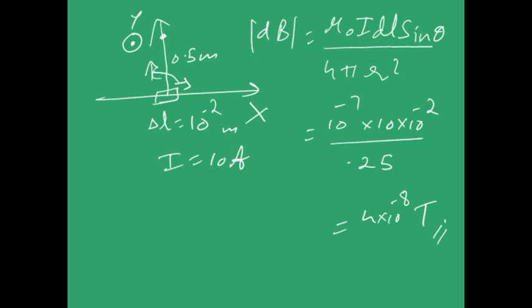There the magnetic field will be of same magnitude because r is same and similar conditions, but the direction will be in this. And what about a point 0 comma 0 comma minus 0.5, I mean on the negative z-axis? There the direction will be this one. Magnitude will be same in all the cases.